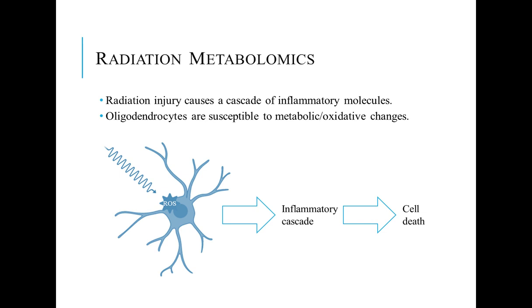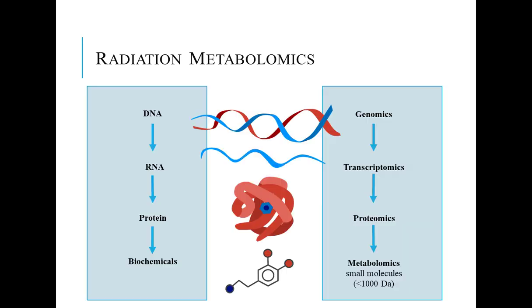So to monitor the oscillating metabolism of the oligodendrocyte cell in response to damage, we use this technique, metabolomics. Metabolomics is a technique that can monitor all small molecule metabolites, which are just small molecules. So think things like glucose or tryptophan or serotonin, all these neurotransmitters, any small molecule.